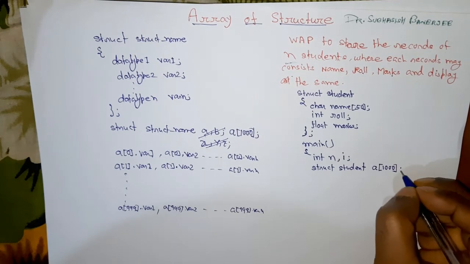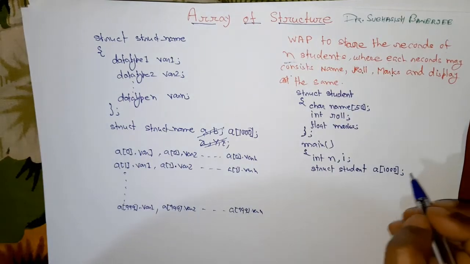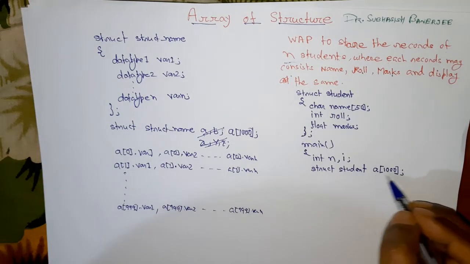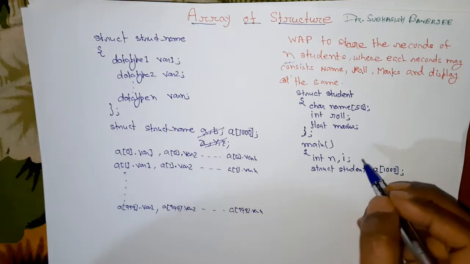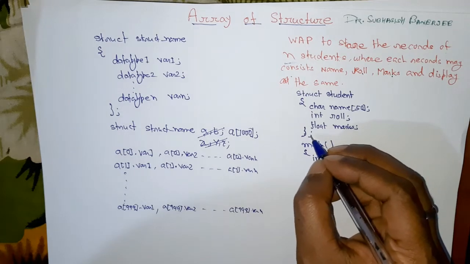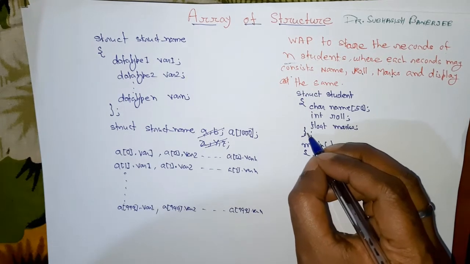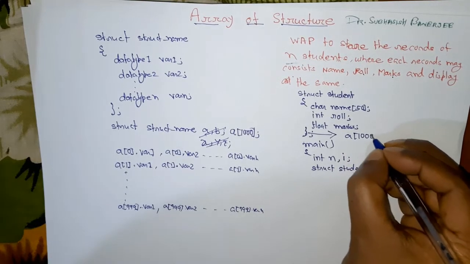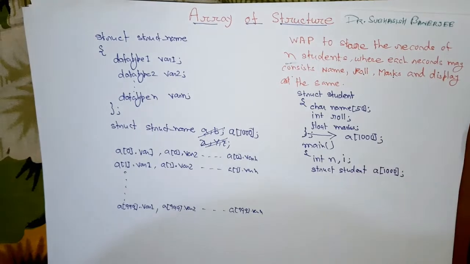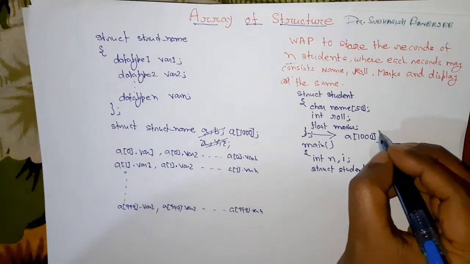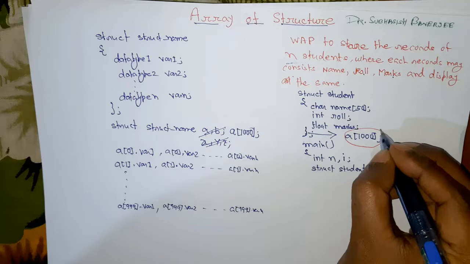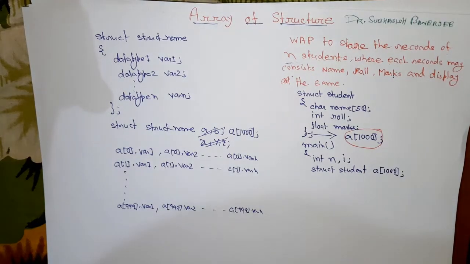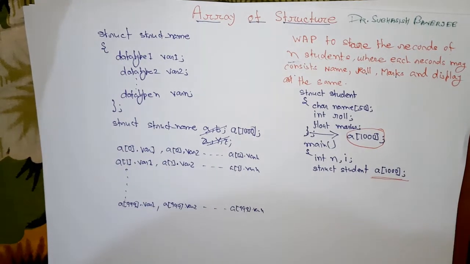So there are just two ways: either we can define the number of instances or variables of the structure in this fashion, or here, before ending this semicolon, you can also define it like this. So these are the two ways, either you can declare the structure with 1000 instances or variables like this, or you can declare like this. The choice is yours.